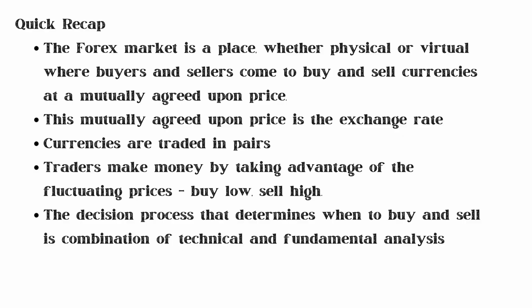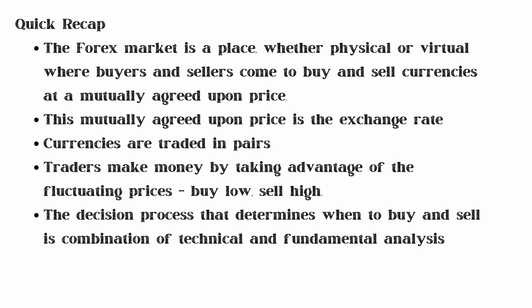Now, before we continue, let's do a quick recap on what we've covered so far, right? We have confirmed that the Forex market is a place where people come to buy and sell currencies at a mutually agreed upon price, and this price is what we know as the exchange rate. We've also determined how traders make money from the Forex market.